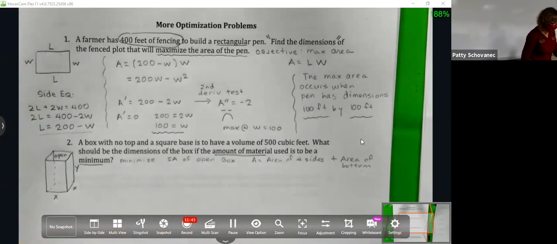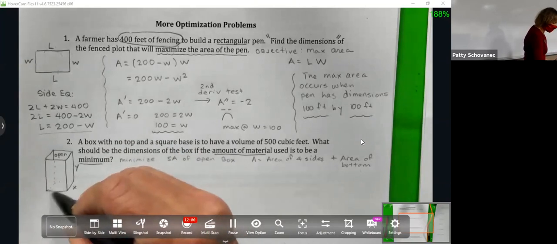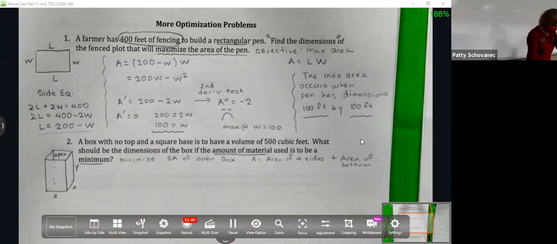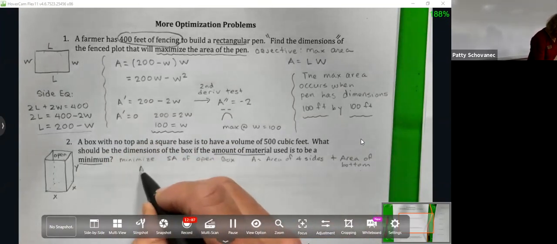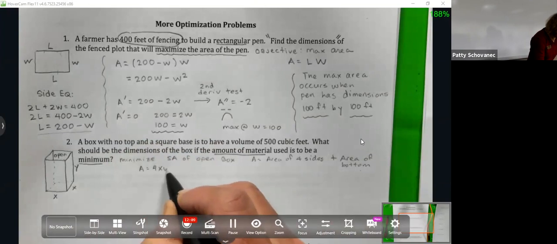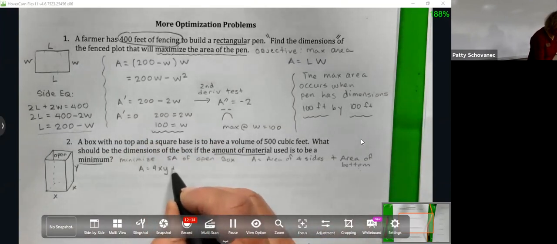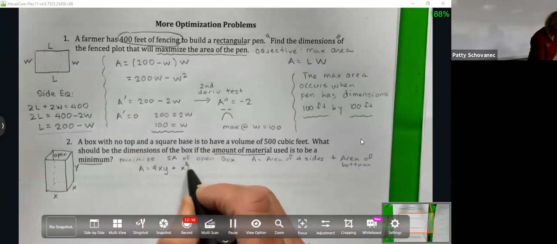So I'll go with x as the sides of the base, and y is the height. And since the base is a square, all four of the lateral sides have the same area. They'll all have area of x times y. And there's four of them. So I've got area is equal to 4 times xy, and then plus the area of the bottom. That one's a square, and so that one's going to be x squared.